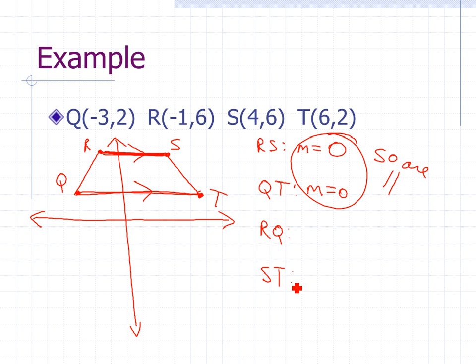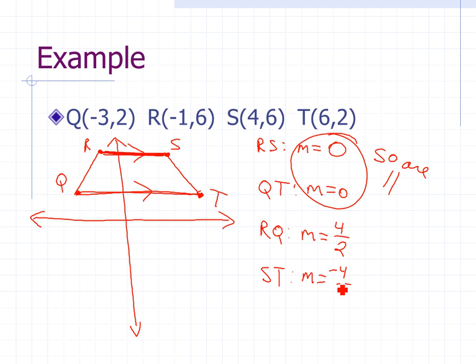RQ, what's the y's for RQ? How much do we go up if we go 2 to 6? Or QR? 4. From -3 to -1, how much do we go over? 2. Now let's do ST. From 6 to 2, how much do we go over? -4, right?